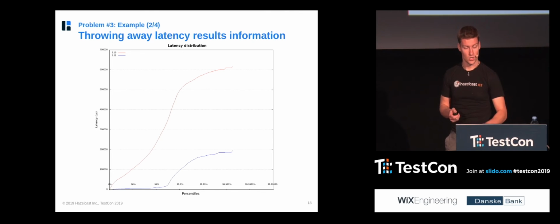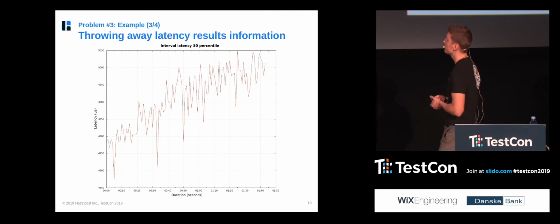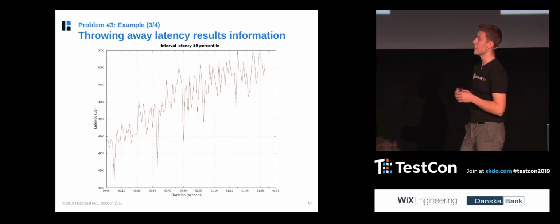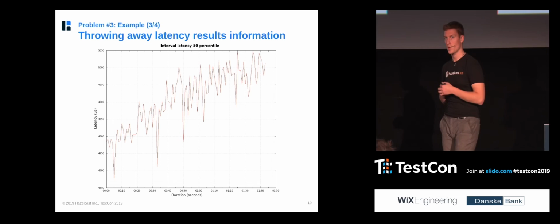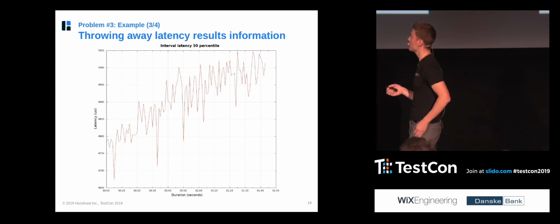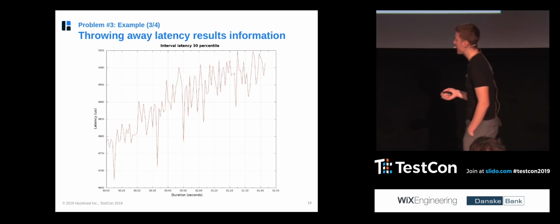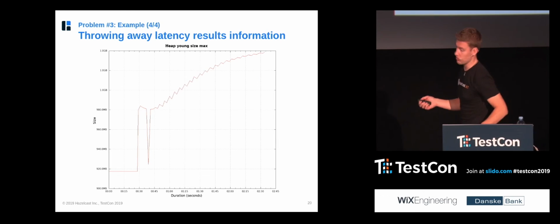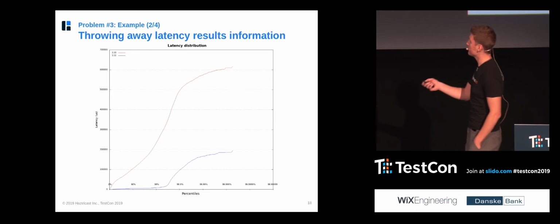What can you do more? What we do, for instance, is that we also calculate interval latency. And what this chart shows is actually from the same run, by the way, the red line.